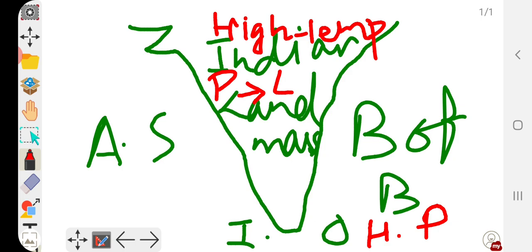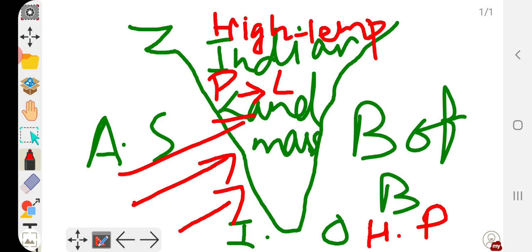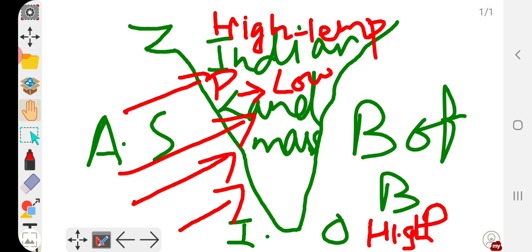So winds move from the Indian Ocean to the Indian landmass. This is the condition when pressure is low on the Indian landmass and high on the Indian Ocean. That means the moisture laden winds are moving towards the Indian landmass. This is one situation. Let us proceed to the next situation.